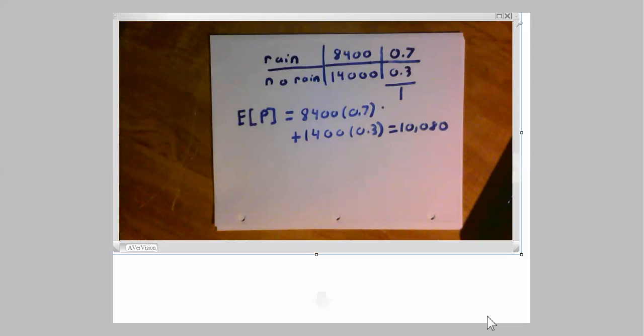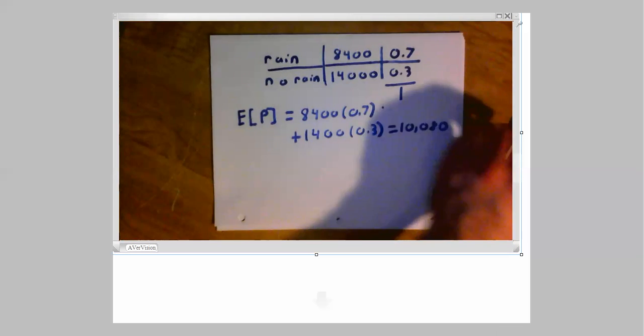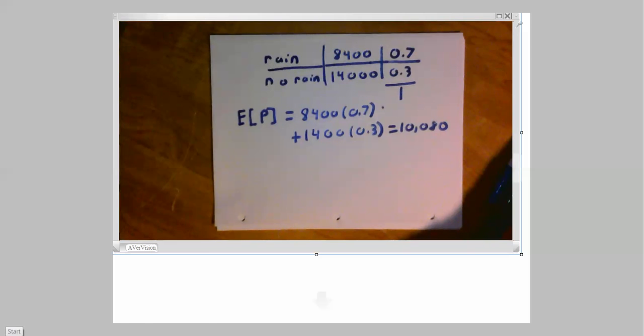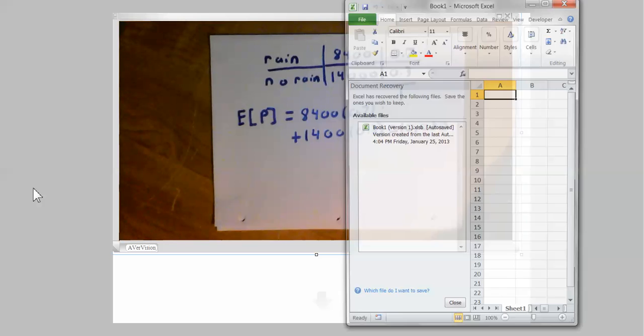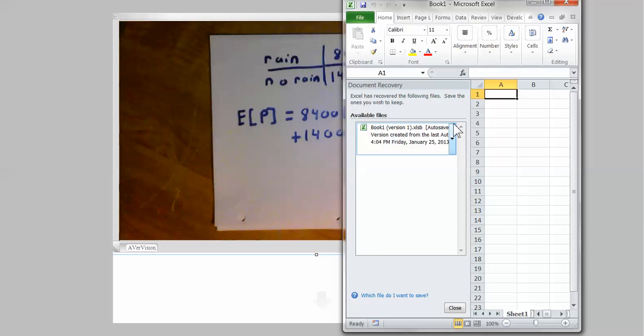Okay? And if you want to see a nice way to do those calculations, if you have Excel or OpenOffice or something like that, you can just go into the spreadsheet.